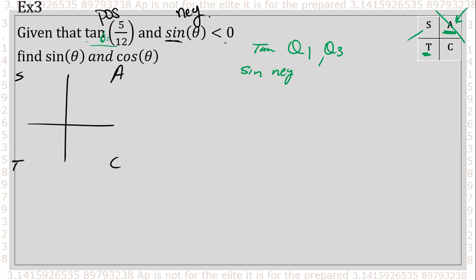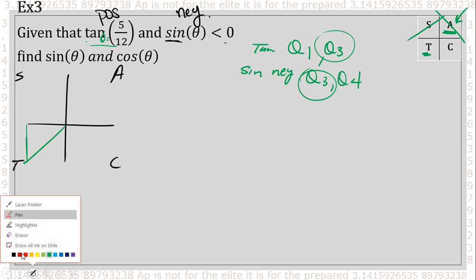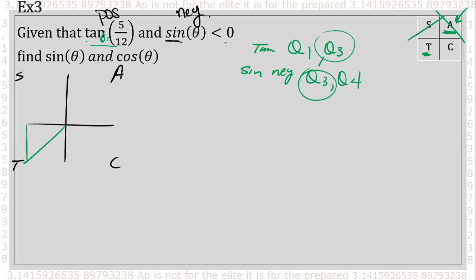S, it can't be there because that's where it's positive, so it's going to be quadrant 3 and quadrant 4. So they both have in common quadrant 3. So in quadrant 3 is where I'm going to draw this triangle. You're probably thinking, how do I draw this? Well, keep in mind that I'm going to use what they gave me. They told me that tangent of theta is 5/12.